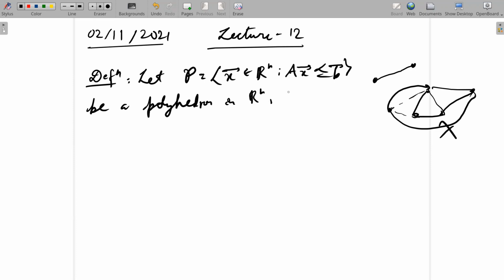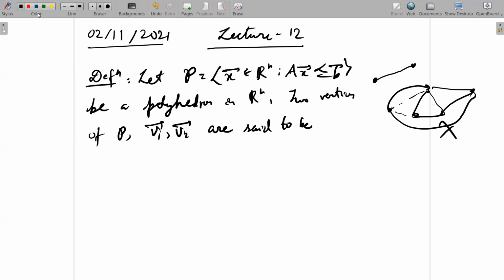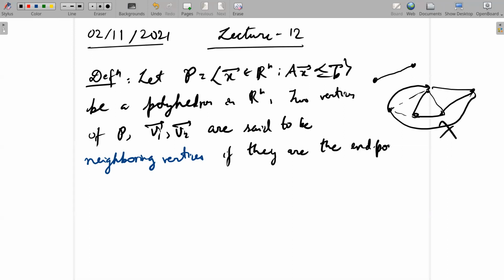Two vertices of P, let's denote them by V1 and V2, are said to be neighboring vertices if they're the endpoints of a closed one-dimensional face of P.